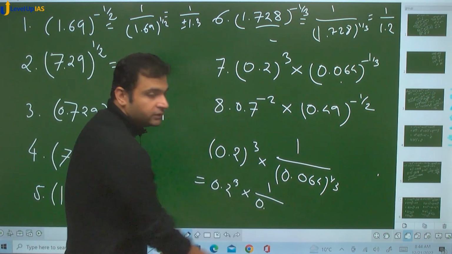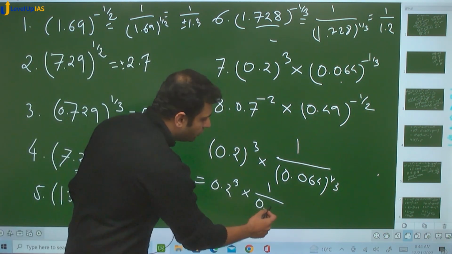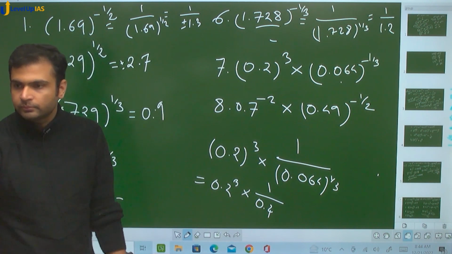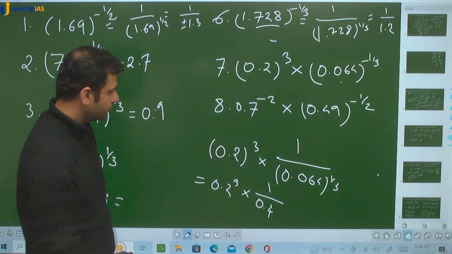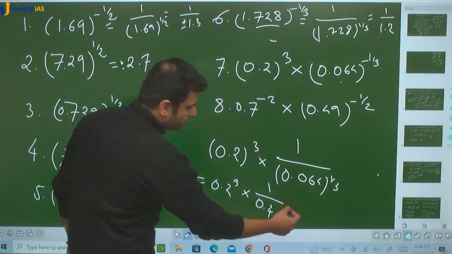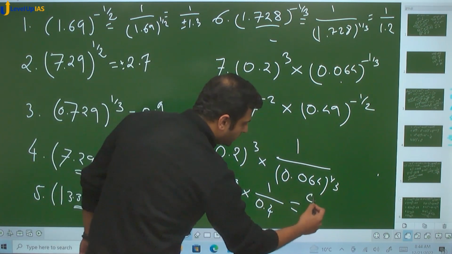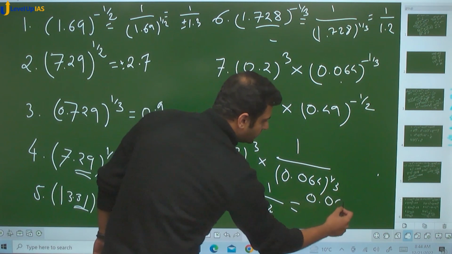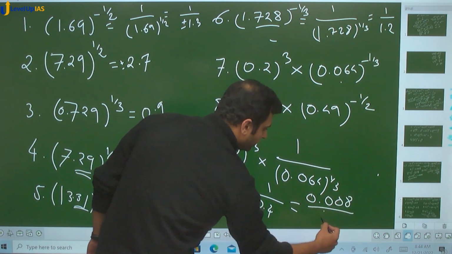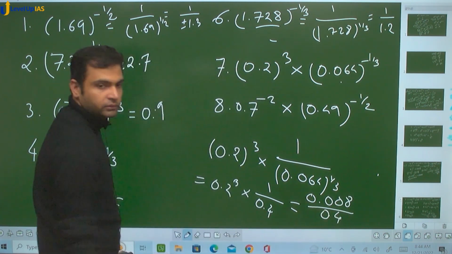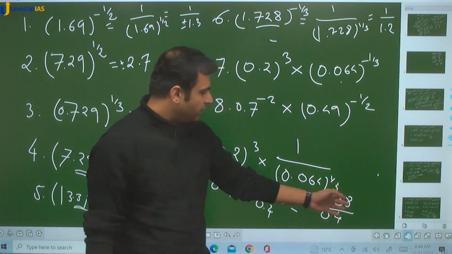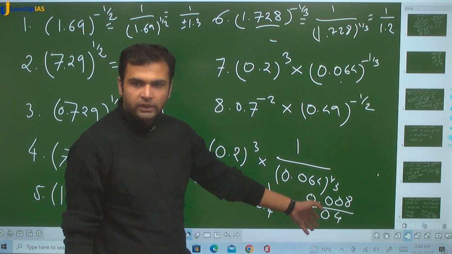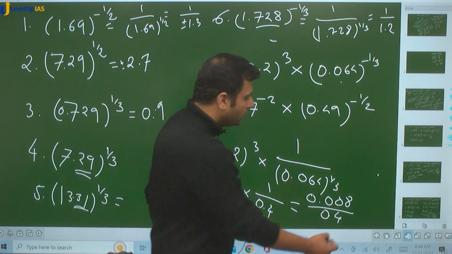and there are 3 in the cube. So in the cube root, you will have 1, right? This is the same as 0.2 cubed, which is 0.008, divided by 0.4. Now you can just multiply by 1000 or directly divide if you are comfortable.